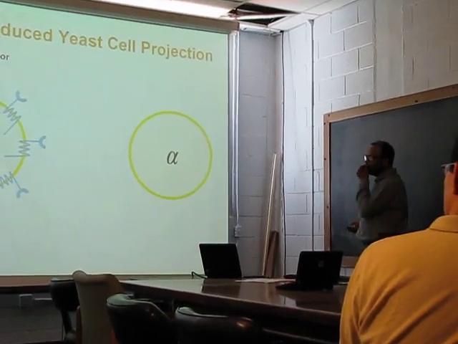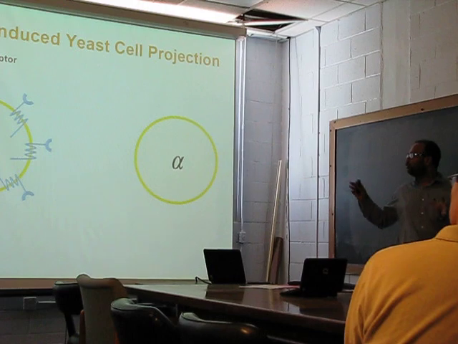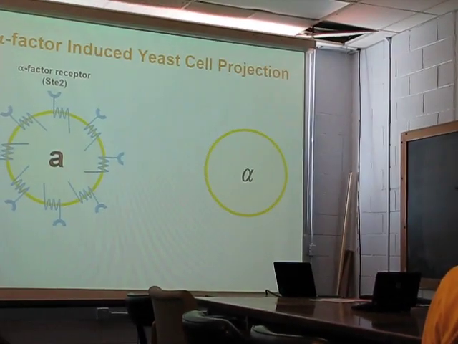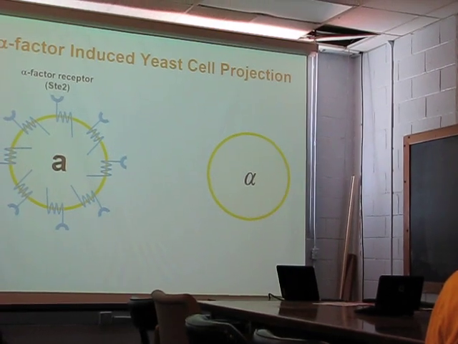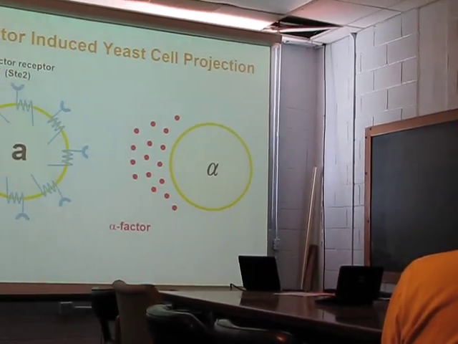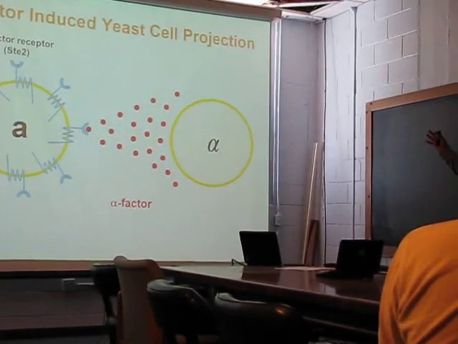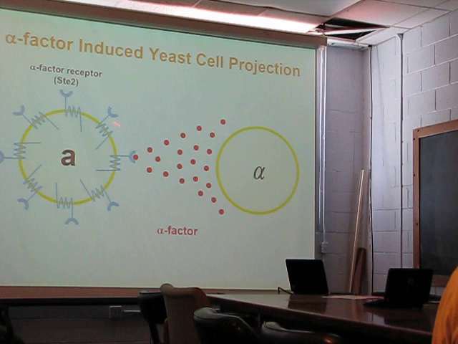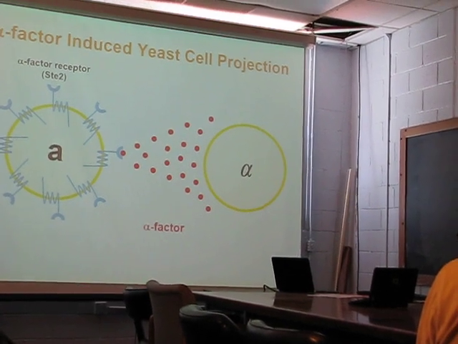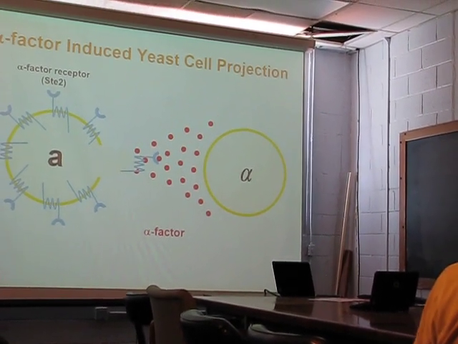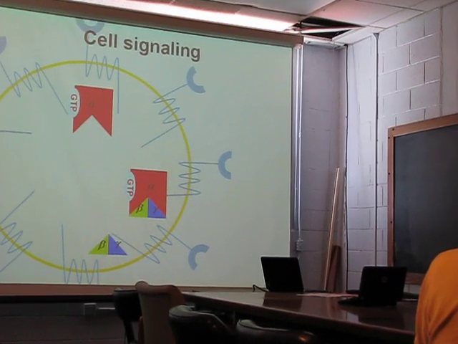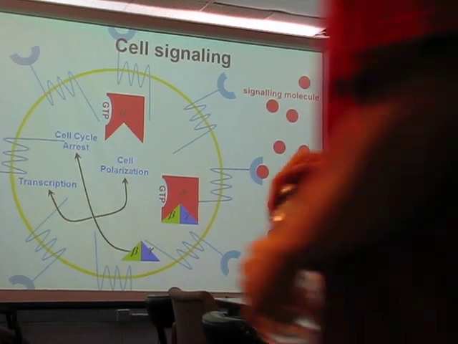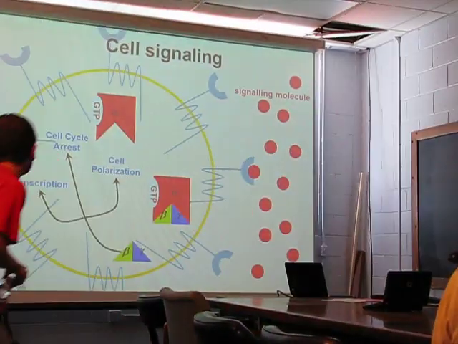So here I will show you a movie of how two cells interact with each other. There are two cells, a and alpha cells. The alpha cell may secrete some chemical that will diffuse to the other cell, and you can see here that the receptor of the other cell takes the chemical inside the cell, and it will give different signals about what to do.